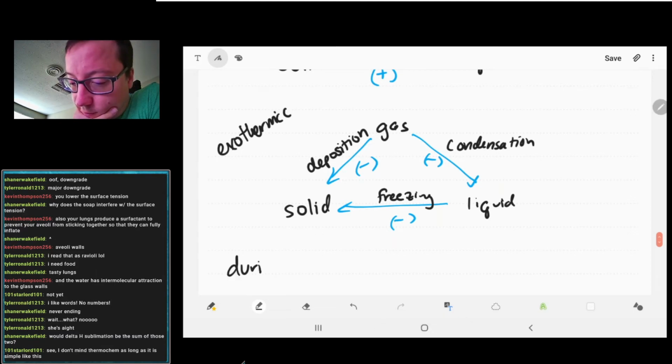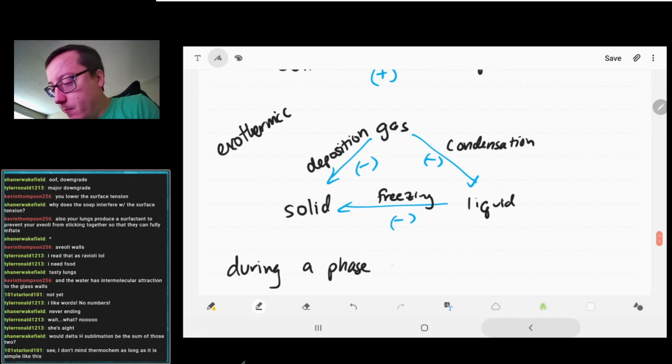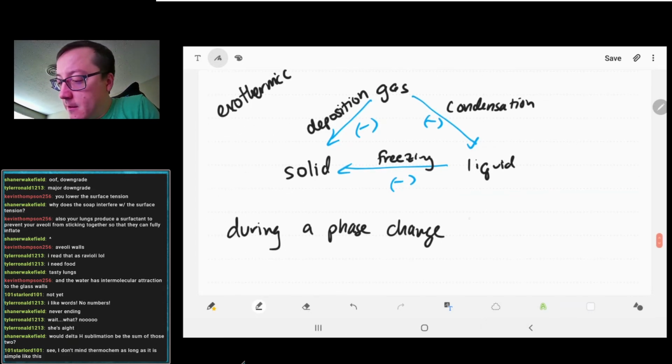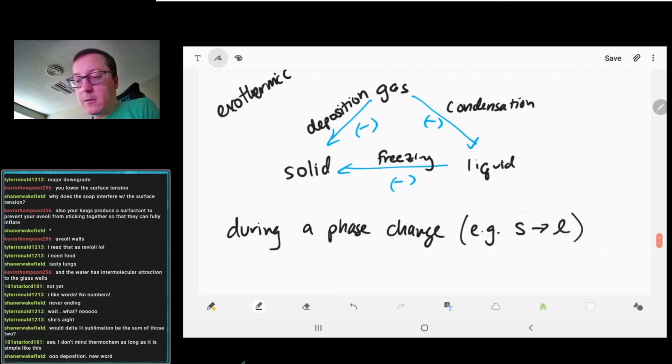During a phase change, phase means state of matter. Something like melting, yeah, there's your new word. So deposition is the opposite of sublimation.